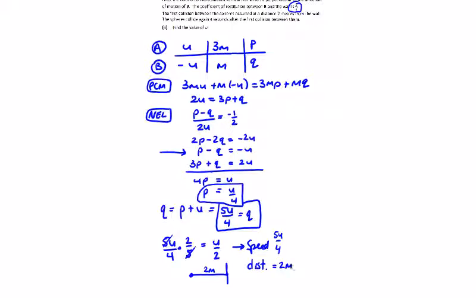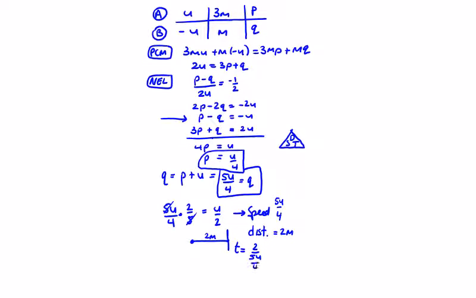So we can get the time using our DST triangle. Time is equal to distance over speed. So 2 over 5u over 4, which is going to be 8 over 5u.